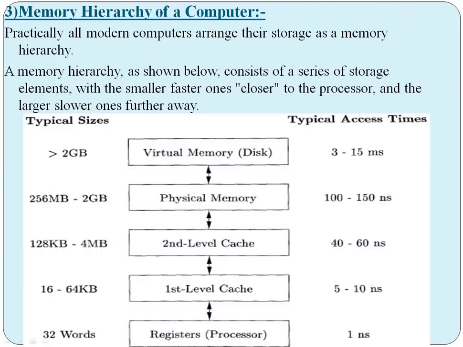Next one, memory hierarchy of a computer. Normally all modern computers arrange their storage as a hierarchy. The memory hierarchy consists of a series of storage elements with smaller, faster ones closer to the processor and the larger, slower ones further away from the processor.